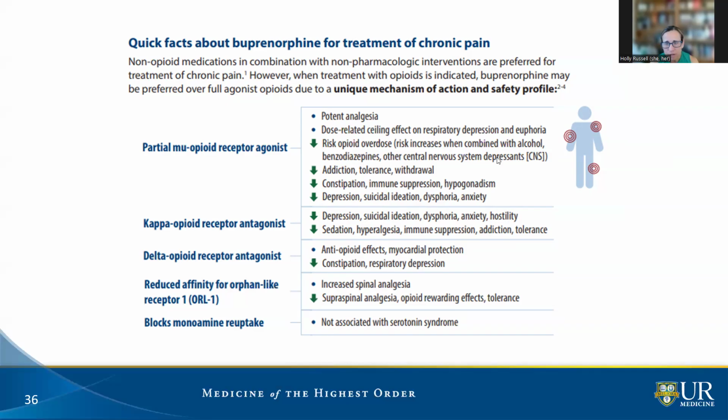It has some risk for tolerance and withdrawal, again, lower. It does have constipation. The risks of immune suppression and hypogonadism are less than with other opioids, and there is less of a risk of depression, suicidal ideation, dysphoria, and anxiety. I'm not going to read all of these risks to you, but I just think it's very interesting, its unique mechanism of action and the safety profile as compared to the full agonist opioids.